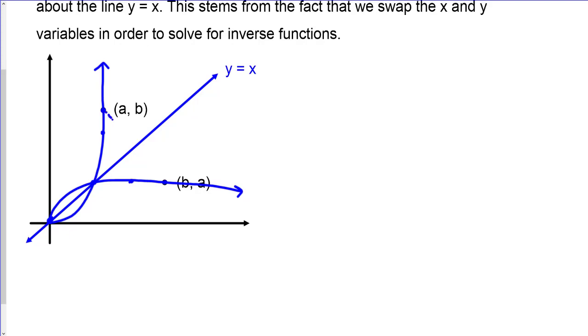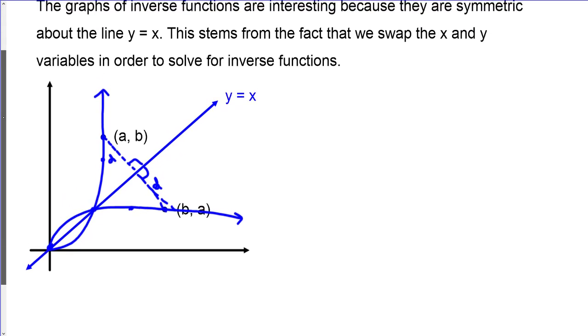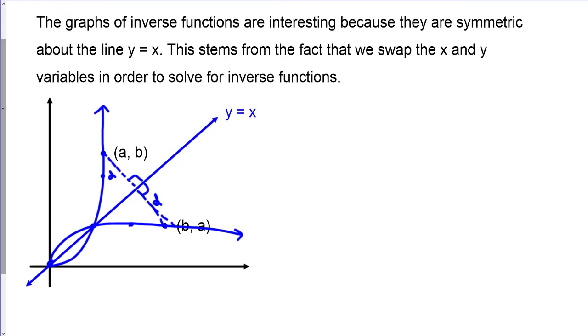But these perpendicular distances to the line are preserved. Oops, I missed my point, but those distances are preserved. So the thing that you want to take away here is that the graphs of inverse functions are symmetric about the line y equals x.